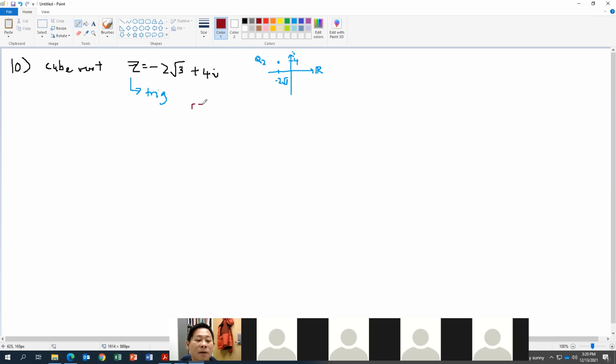Do you remember how you find your modulus? It's like a distance. You take the first one and square it, plus you take the i and square it. You just ignore the i. Does anyone know what the square of negative 2√3 is here?